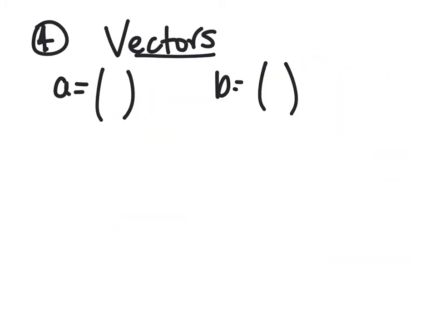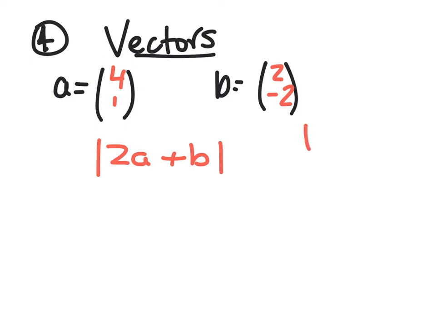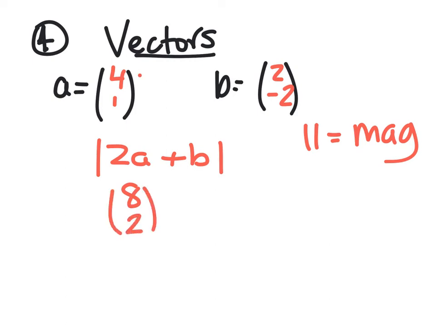Question 4, vectors. So let's say A was the vector (4, 1), and B was the vector (2, negative 2). And I asked you to work out what |2A + B| is, with these vertical lines there. Now remember, those vertical lines just mean the magnitude or its size. So if I work out 2A add B first of all, well, 2A is 2 times 4 and 2 times 1.